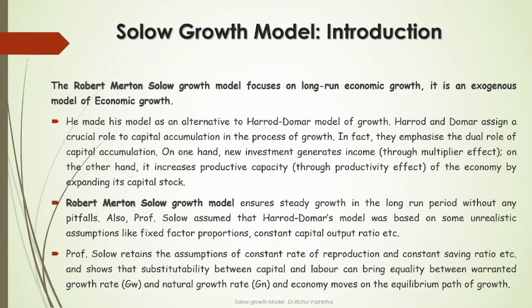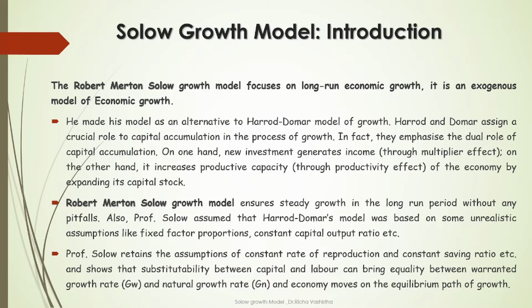So these are the two basic things that he had taken in his model. It was shown in this model that substitutability between capital and labor can bring equality between the warranted growth rate and the natural growth rate, and thus the economy moves on the equilibrium path of growth. I've already covered the Harrod Domar growth model on my channel.